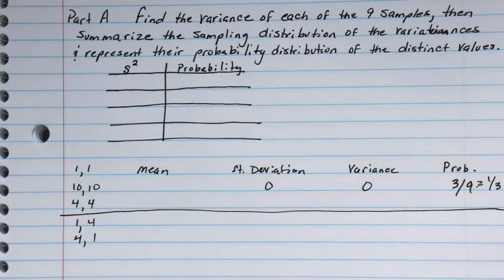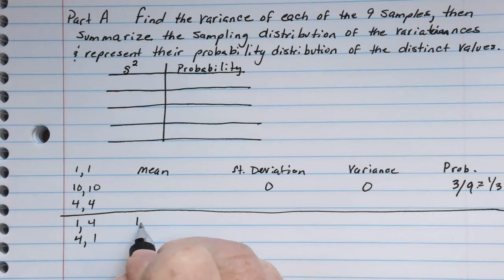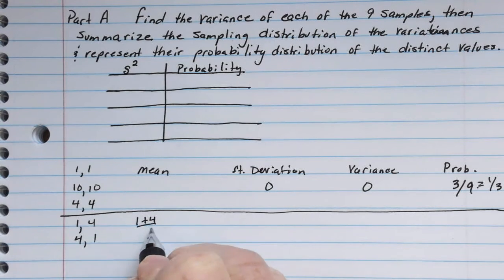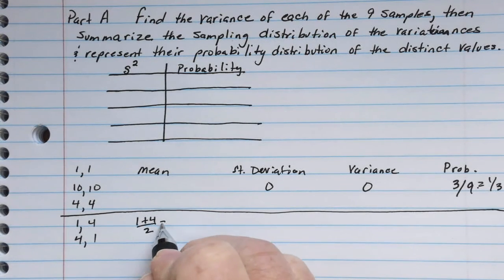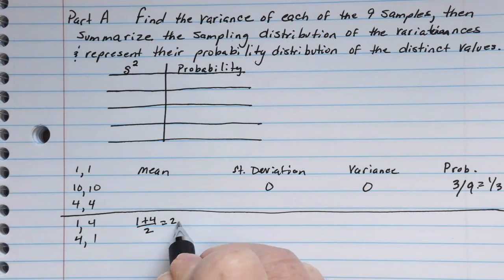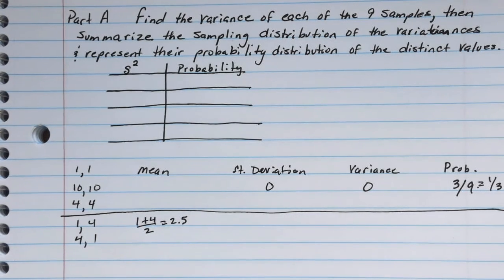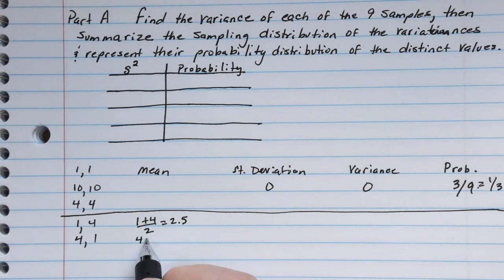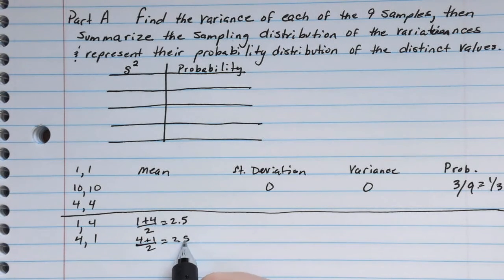Let's calculate the mean. So 1 plus 4 divided by 2, that is 5 divided by 2, which is 2.5, our mean. And likewise, if you did 1 plus 4 or 4 plus 1, you get the same mean. So they are the same.